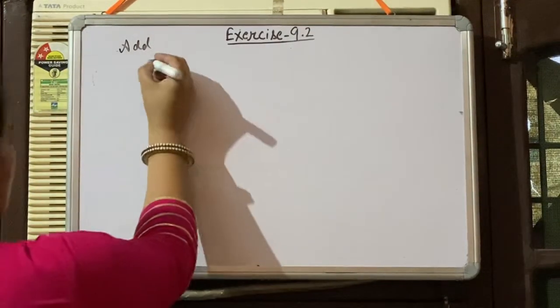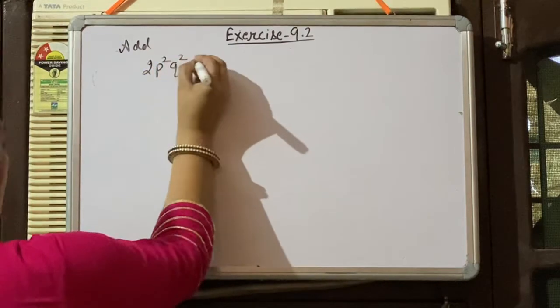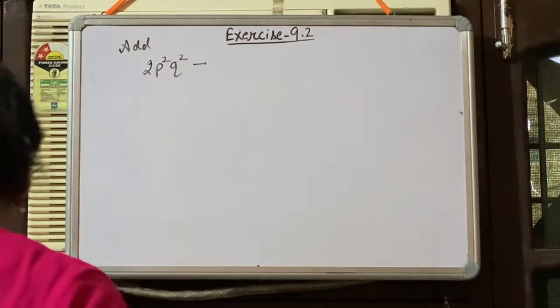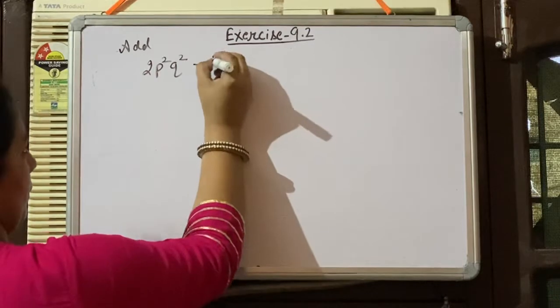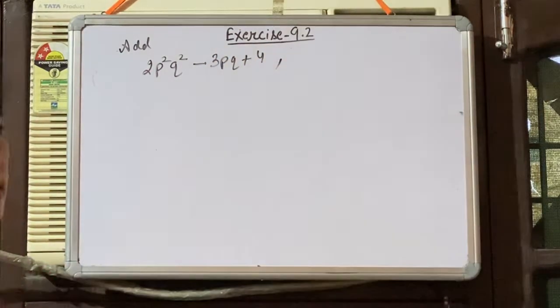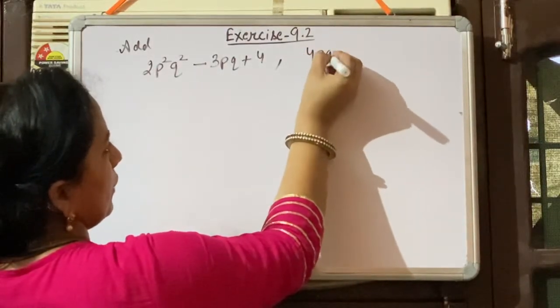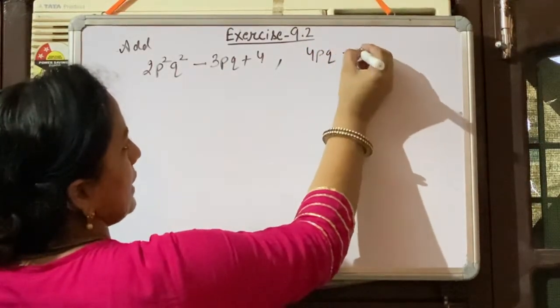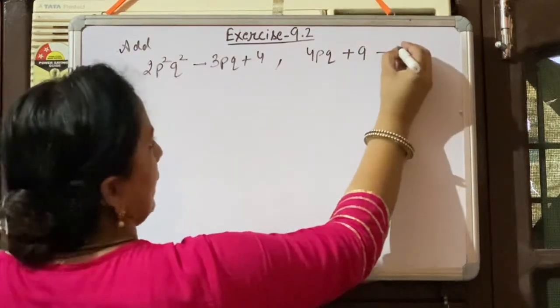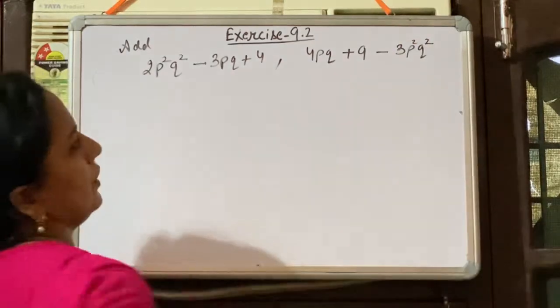The statement is 2p square q square minus 3pq plus 4. This is first, and second is 4pq plus 9 minus 3p square and q square.